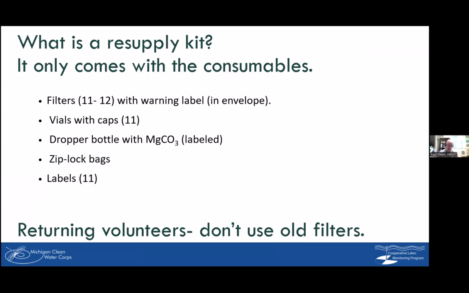So that will include filters, vials that you eventually put the filters in, your magnesium carbonate dropper, we'll talk about all this stuff, Ziploc bags, labels. Of course, you're going to use up that stuff every year and turn it in, so you'll always need a fresh supply. So when you register for your lake, you'll see the option to buy a full kit or a resupply kit. So that's what that's about.